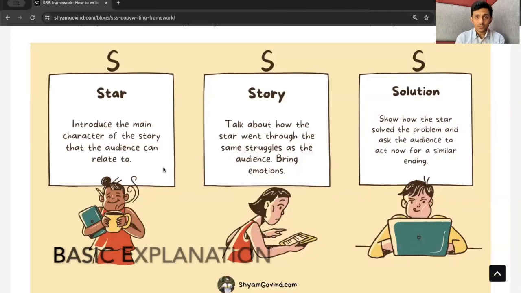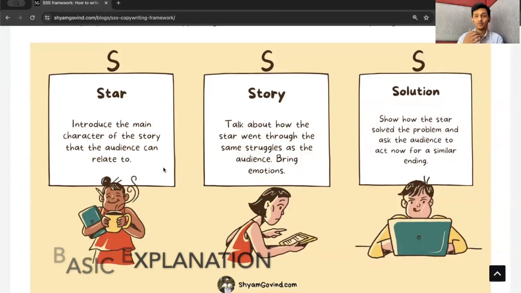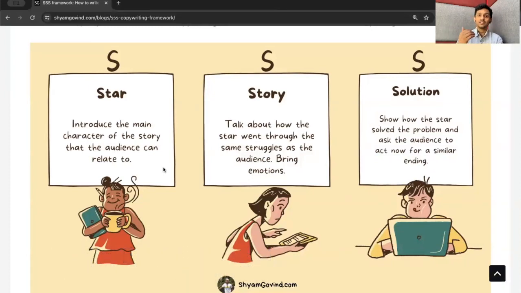So star story solution basically means you introduce a main character of the story that the audience can relate to. Whoever you are writing your email to, they should be able to relate to the character in the story, right? So you introduce the star. Then you tell the story, where you talk about the star going through the same kind of struggles that your audience typically goes through, and try to bring in the emotions of it.